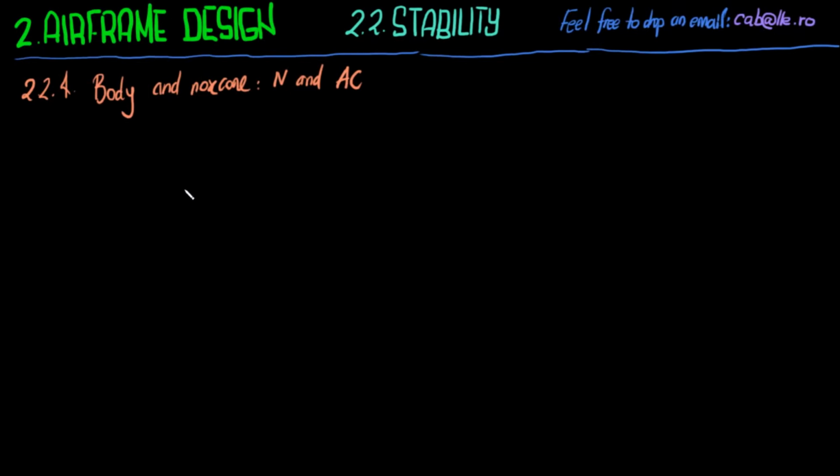This is intuitive, because if not, you could spin the rocket and it could be flying at an angle of attack of 90 degrees, and you don't have a restoring moment when it's like this. So the equations are intuitive in this sense.